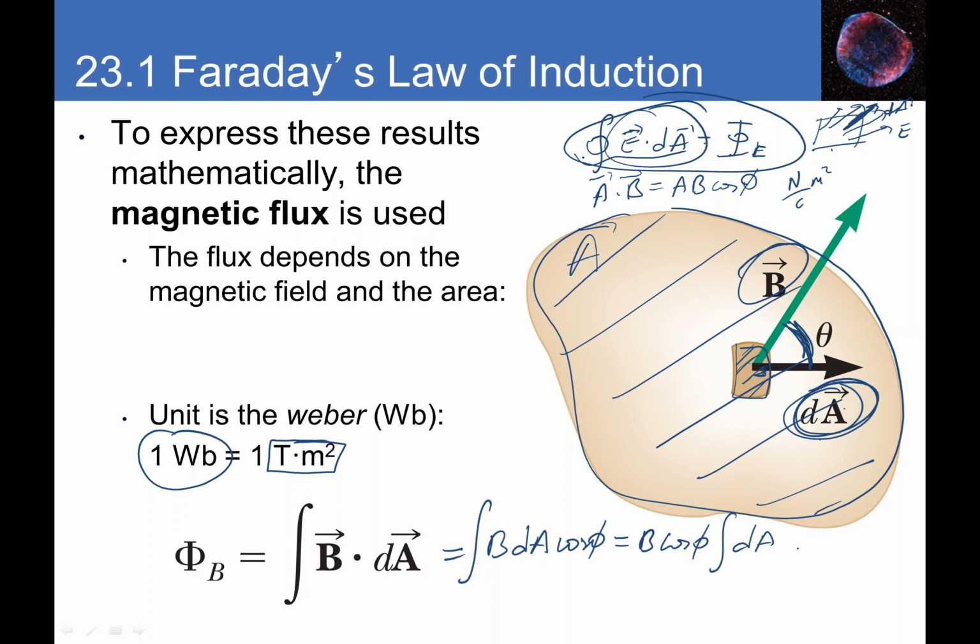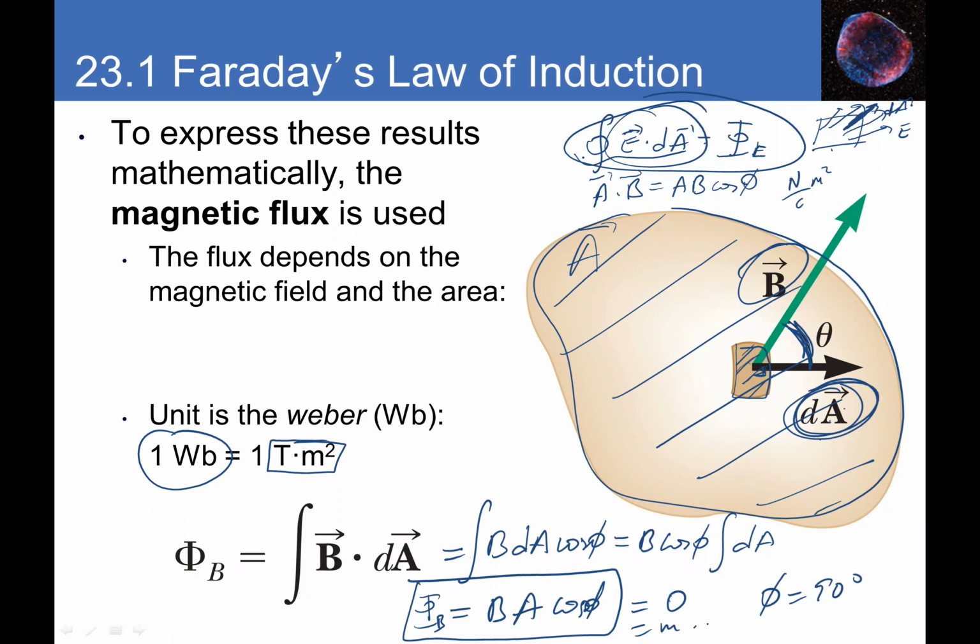And if you integrate that, it becomes B times the integral of dA, just A, and then that gives you cosine of phi. That means this is the equation for the magnetic flux if the magnetic field is uniform: BA cosine of phi. Remember, this dot product will be 0 if phi here is 90 degrees, and it will be maximum if phi here is 0 degrees.